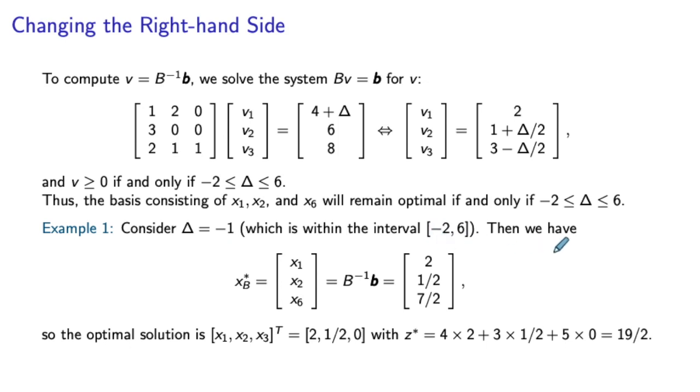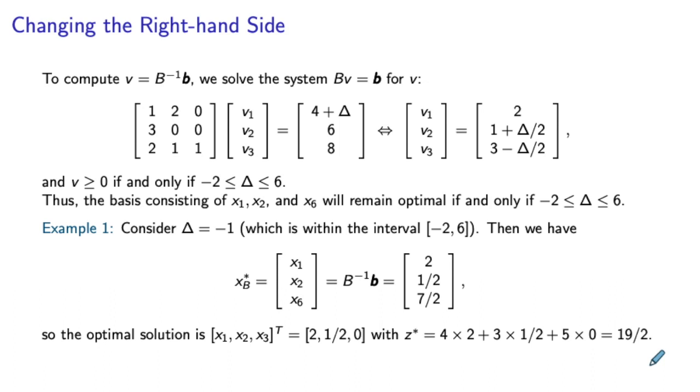And to compute the new optimal solution, all we need to do is plug in this value of delta in this vector right here, and this will give us the new optimal solution. Then we plug it in the objective to obtain the new z star value, so this is our new optimal objective value. So this case was easy because delta was within the allowable range and the optimal basis didn't change.